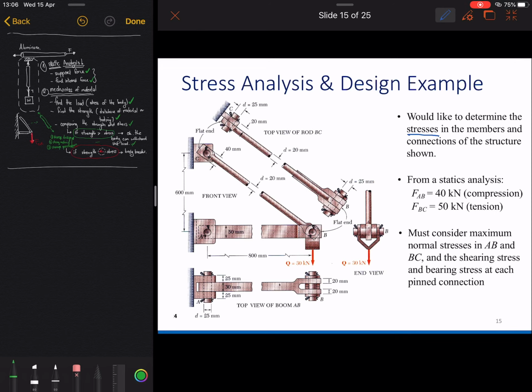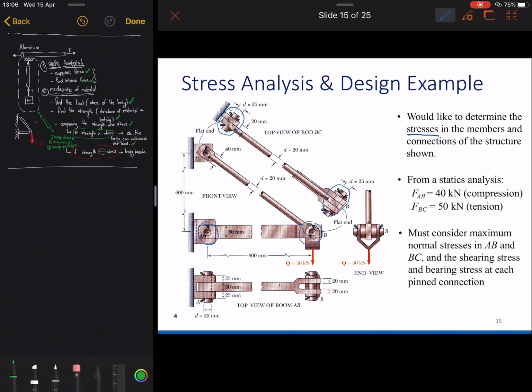For example, this joint, this pin, and also this pin. So we would like to know the stress of all of the components.